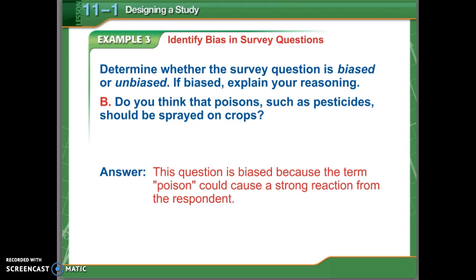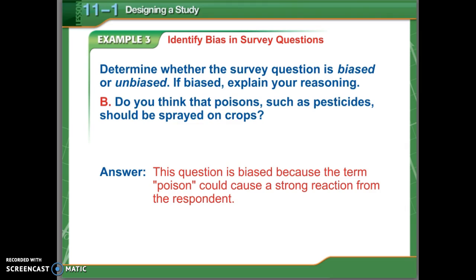They use the word poison, and as soon as people think poison, they think, oh, that's something bad. And most people are going to think, do I want poison? Do I want something bad put on crops, which are plants that I'm going to eventually be eating or that maybe animals will be eating? No, I don't want poison on them. And so it's going to affect the way that they answer the question, meaning that there is bias presented in the question.